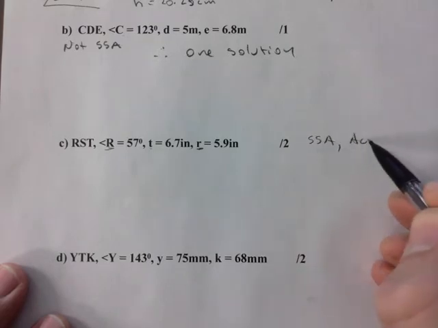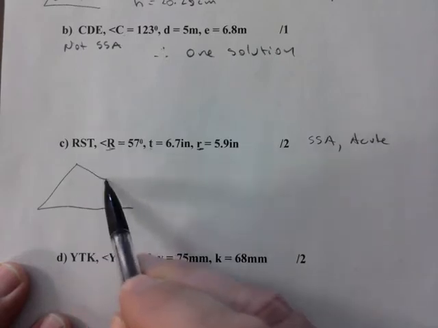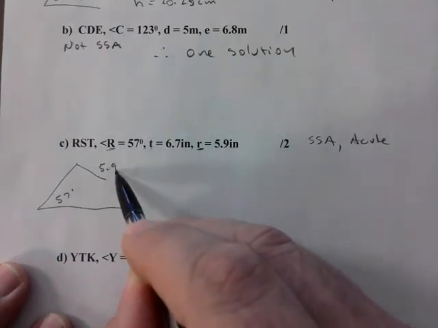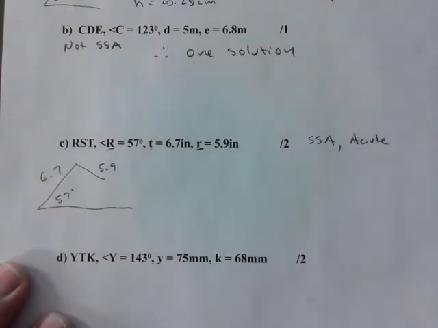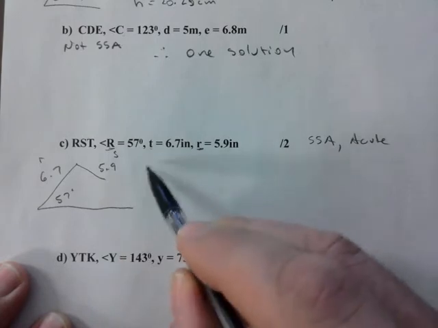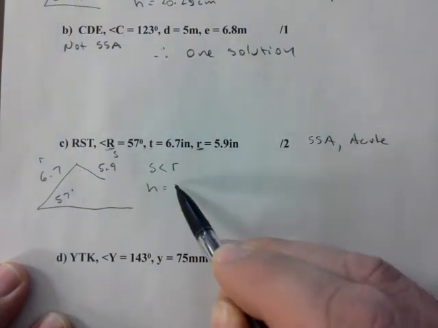And this is acute. So draw your rod and string. Shouldn't take you very long. R goes here, 6.7 goes there. Rod and string, make sure you put that down. And so the string is less than the rod. I need to go find the height.